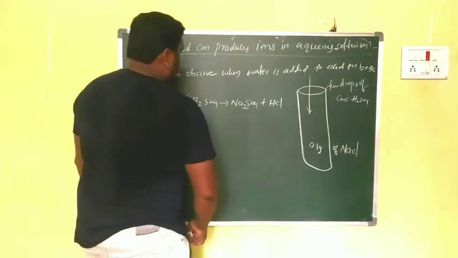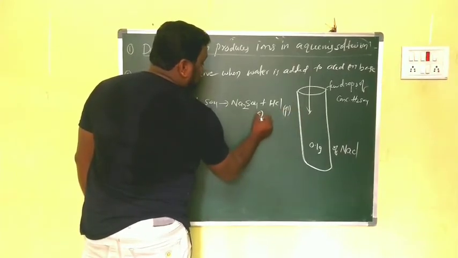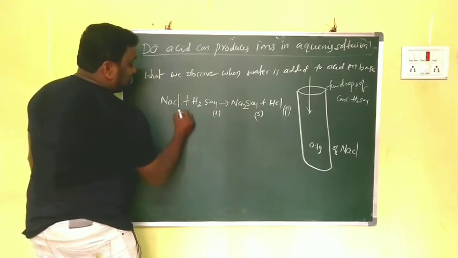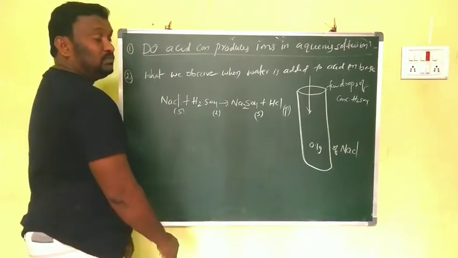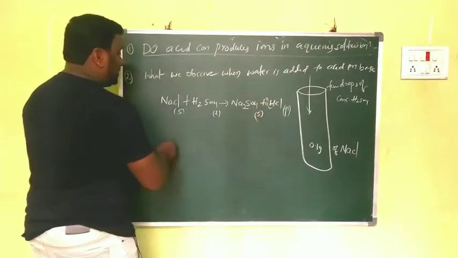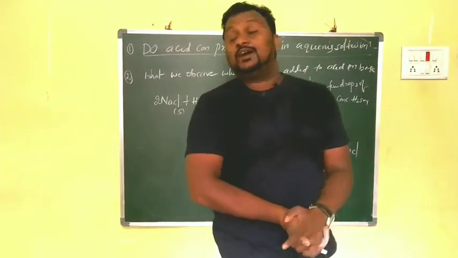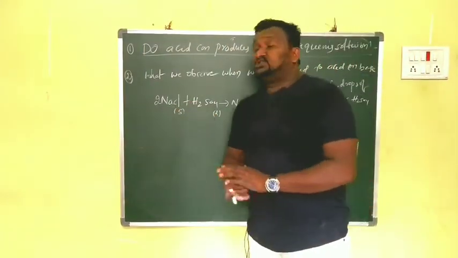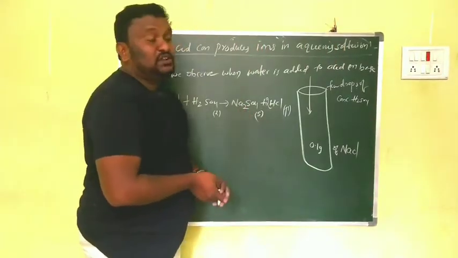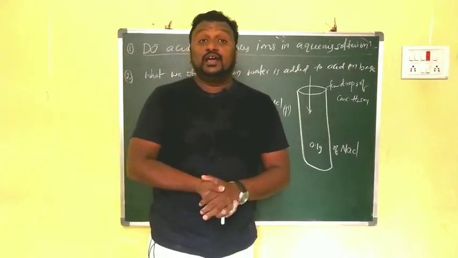After that, you can observe that HCl is a gas, Na2SO4 is a solid, and H2SO4 is a liquid and NaCl is a solid. Here it is not a balanced equation, so to balance it we write it like this. That is the reaction going on between NaCl and H2SO4. What we get is sodium sulfate and HCl. HCl means hydrochloric acid.